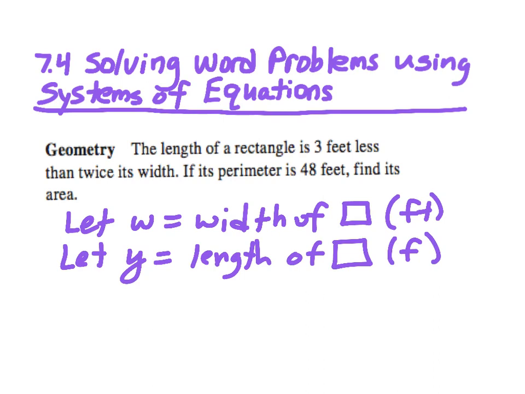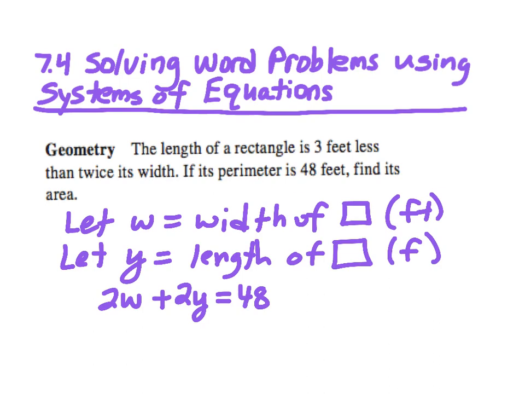All right, so first of all, the first equation in our system is about perimeter, that 2W plus 2Y equals 48. There are two widths and two lengths, and we know that sum is 48 based on what the perimeter is.